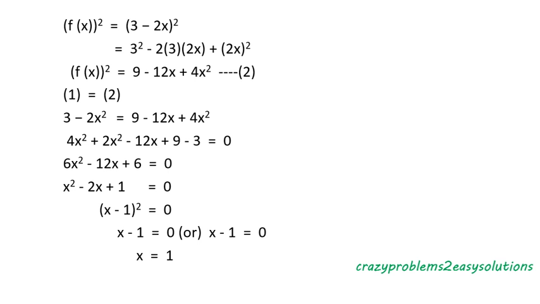Then 6x square minus 12x plus 6 equal to 0. In this equation 6 is a common multiple, so we divide by 6. Then x square minus 2x plus 1 equal to 0. x minus 1 whole square equal to 0. Then x minus 1 equal to 0, then x equal to 1. So we find the value of x is 1.